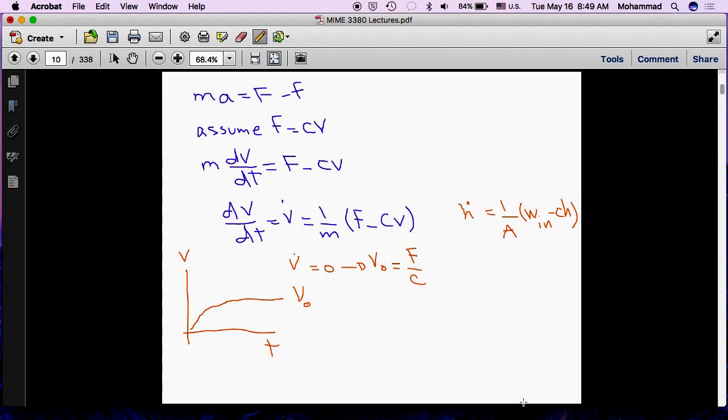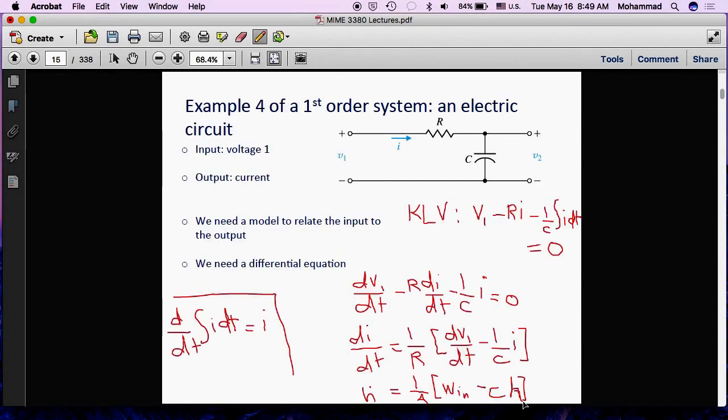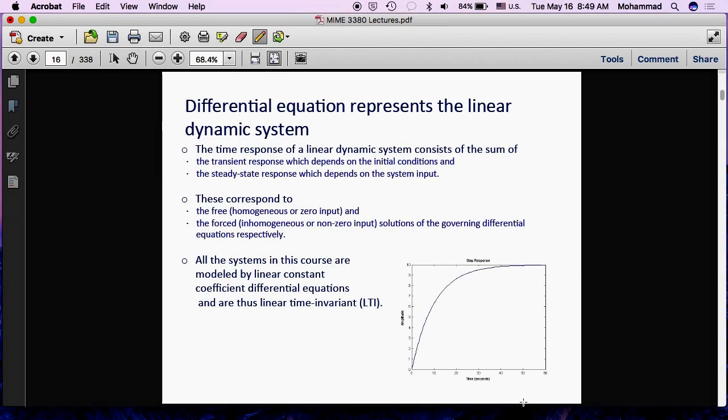That's where we made the system linear. If we said, for example, that the drag force was proportional to v squared, that system would no longer be linear. So the differential equation would not be a linear differential equation.